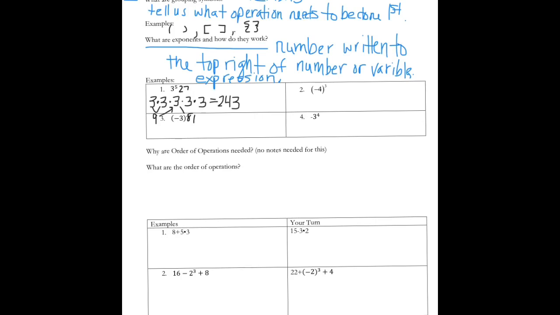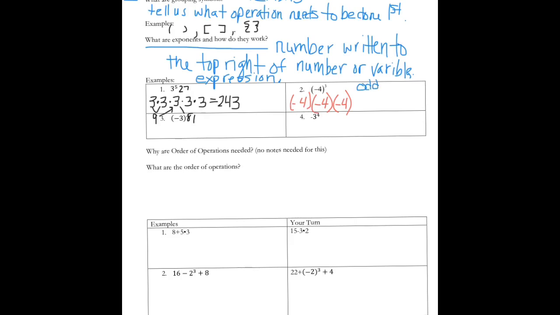Let's look at our second example. Example number 2 is -4 to the 3rd power. That means -4 times -4 times -4. Well, if you remember from multiplying integers, we learned that we can count the number of negatives: 1, 2, 3, there are 3 negatives. 3 is an odd number.